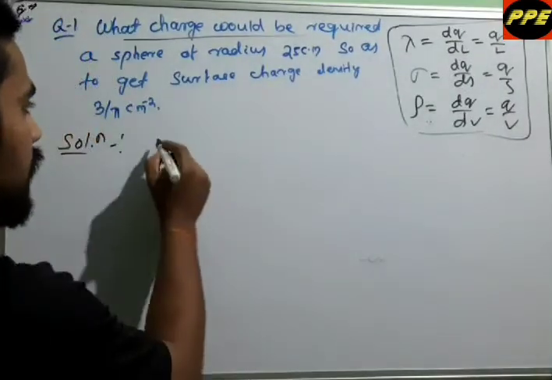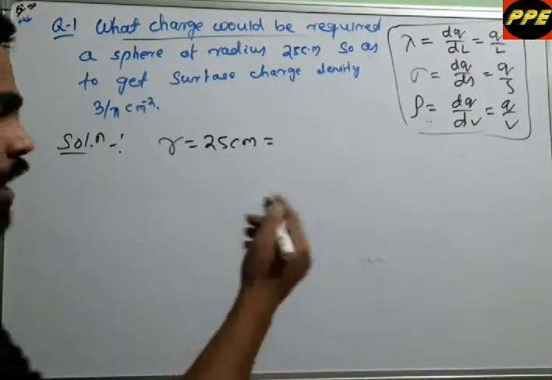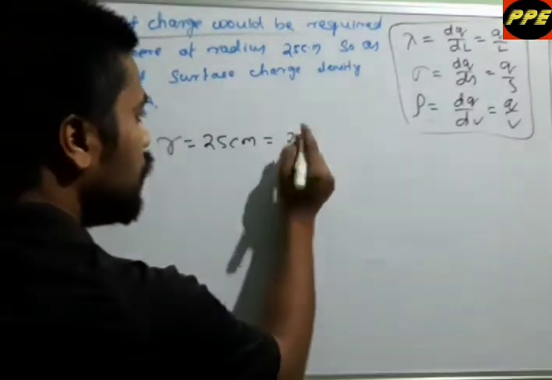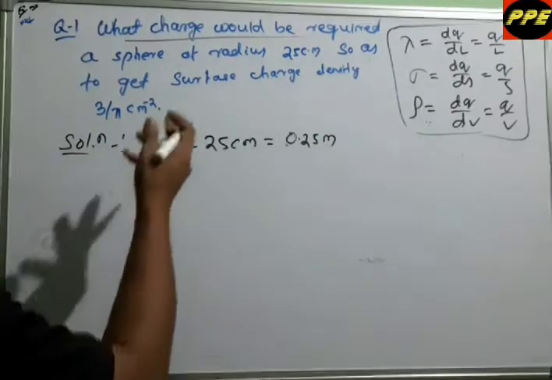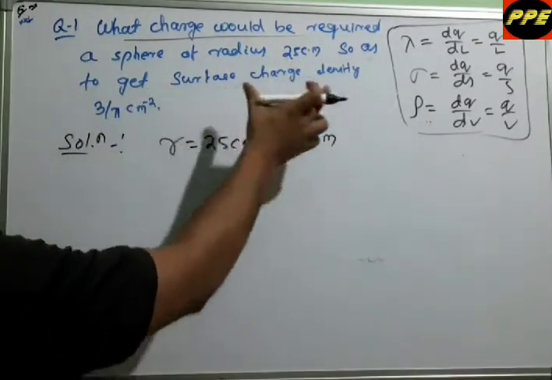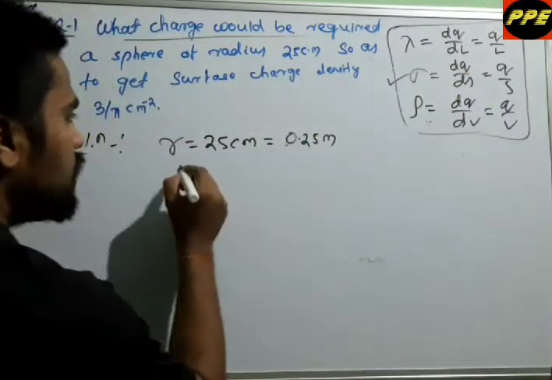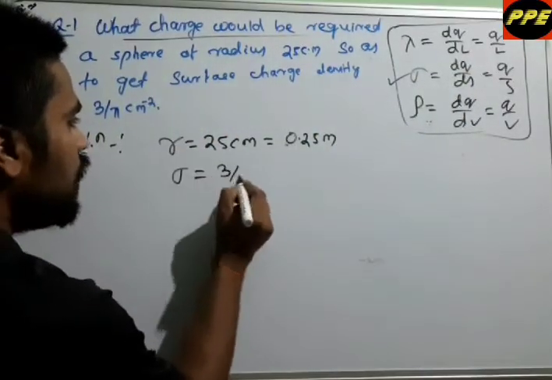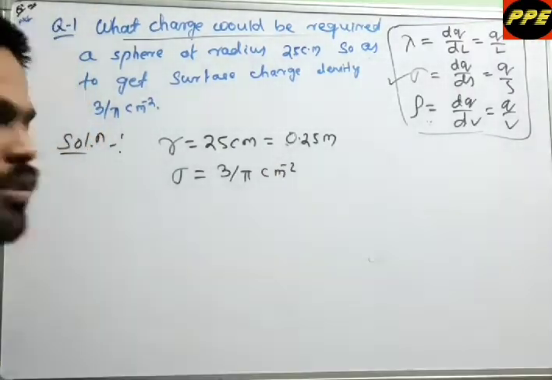That sphere has a radius of 25 centimeter, which I can convert to meter, that is 0.25 meter. The surface charge density is already given to you: sigma is 3 by pi coulomb meter minus 2.